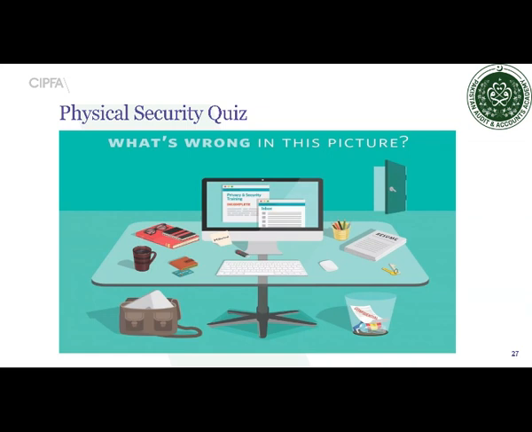Are you guys ready? Okay, so let's start. What is the first thing you guys have seen that is not right? Open door. What else? Cup of tea. Anything else?